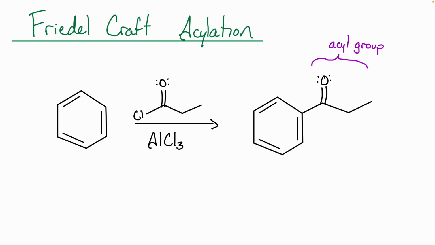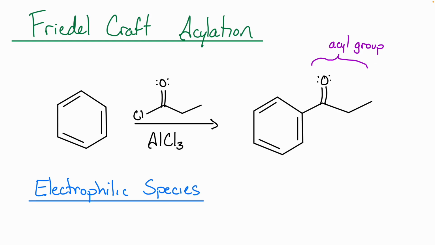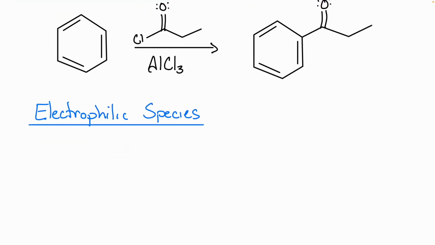All right. Our electrophilic species here is also very similar to what we saw before. That aluminum chloride is going to come along and remove that chlorine. This creates another carbocation, but it's a special carbocation.